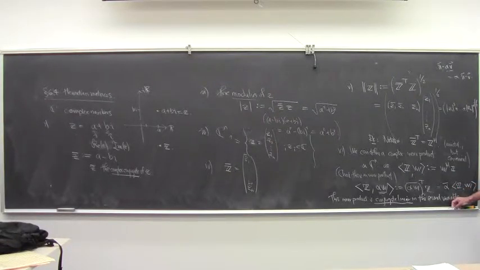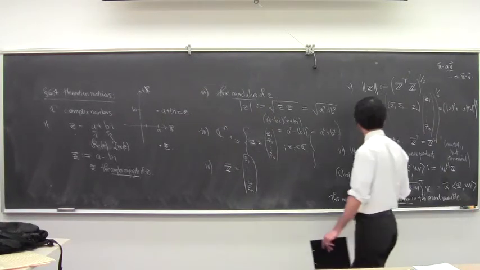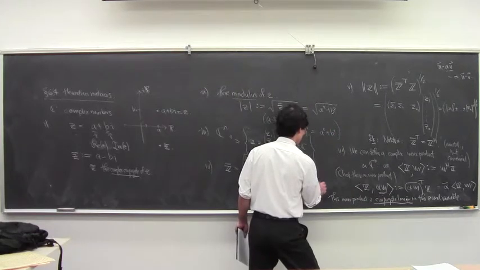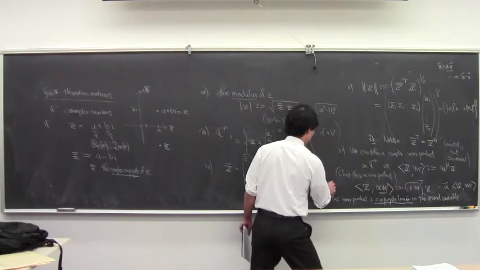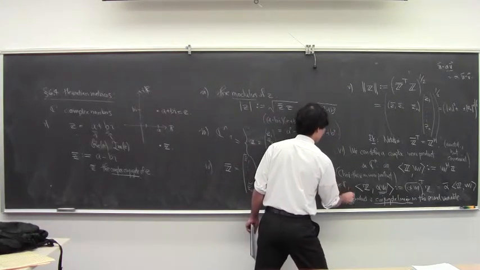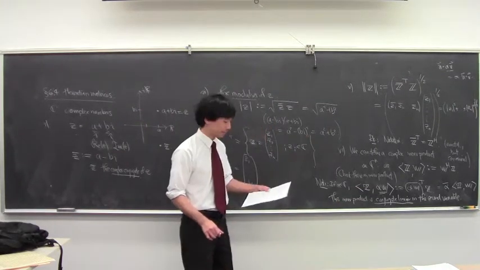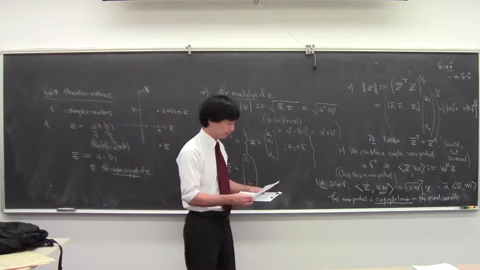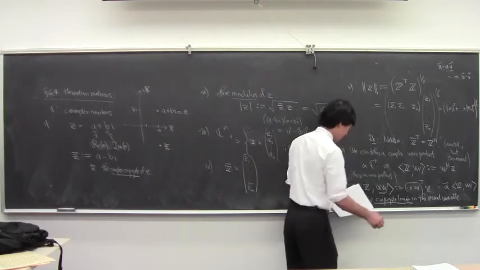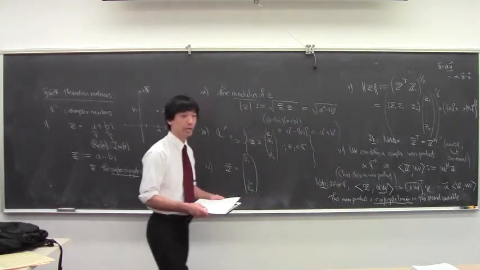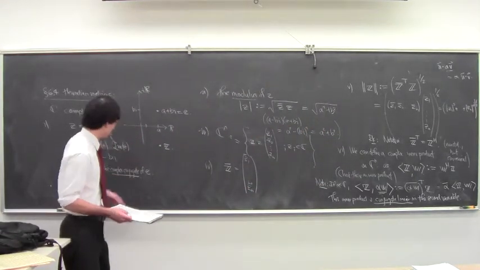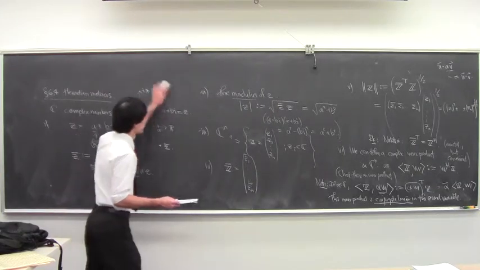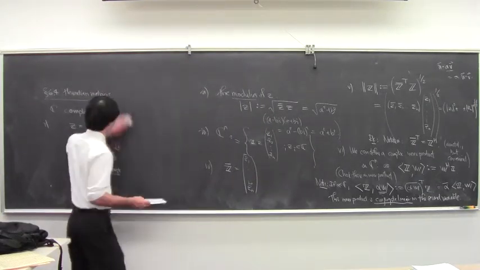And that's for alpha being a complex number. But that's okay. It's still a kind of inner product. It's just a complex inner product.